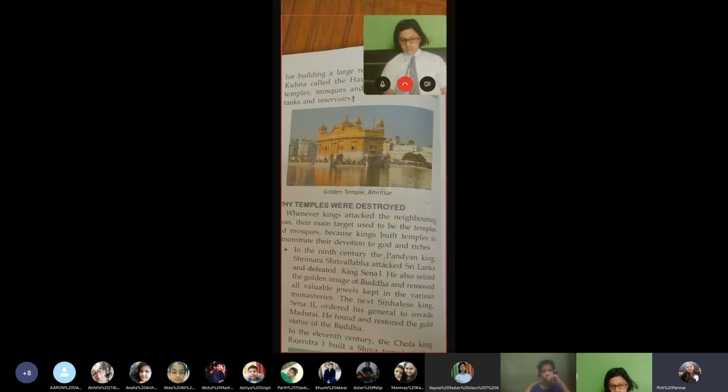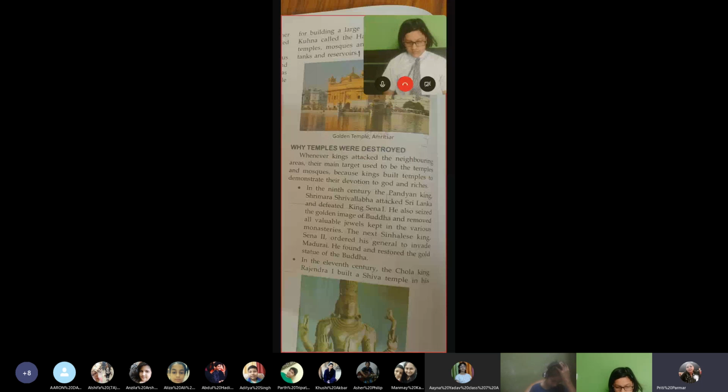Now, why were temples destroyed? Whenever kings attacked neighboring areas, their main target used to be the temples and mosques, because kings built temples to demonstrate their devotion to God and their riches.